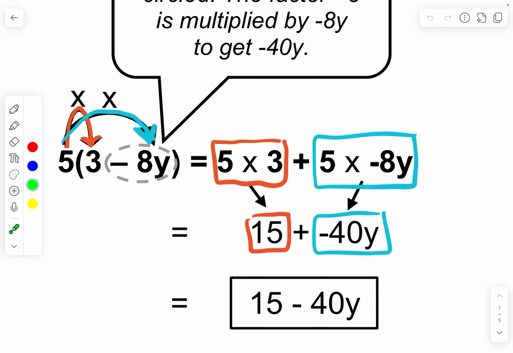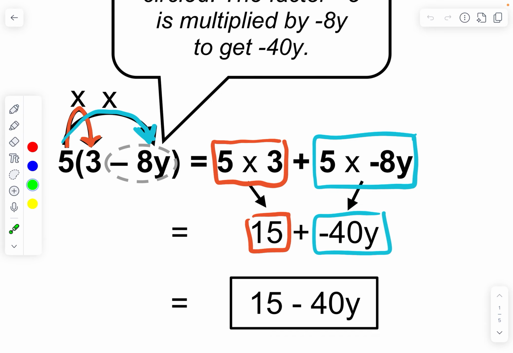And then our second step is to do 5 times negative 8y, don't forget the y. 5 times negative 8y, which 5 times negative 8 gives us negative 40y.